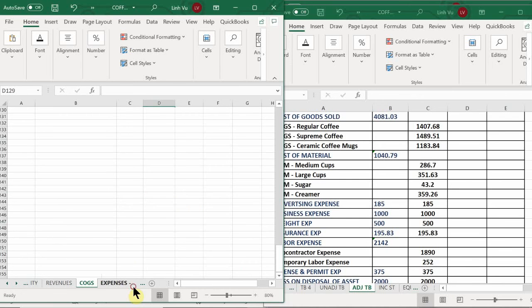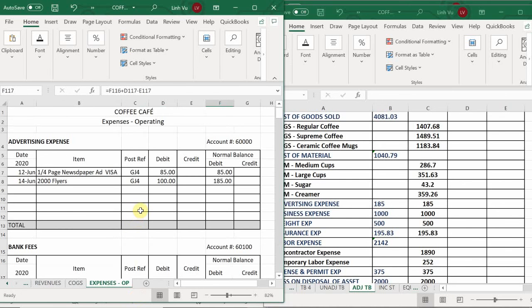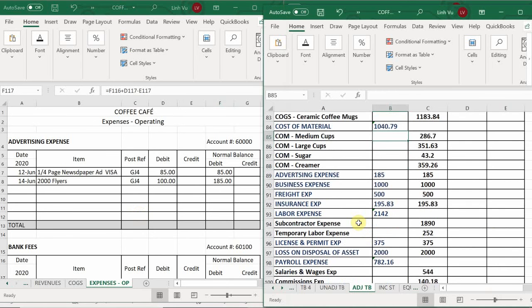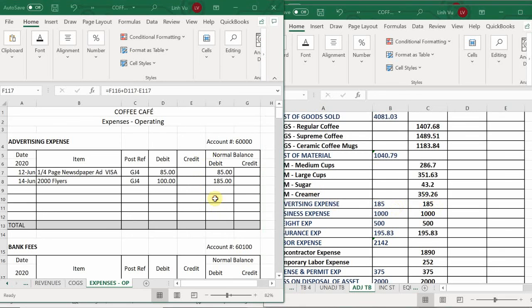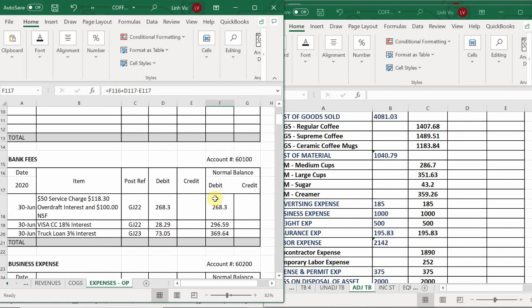So last but not least, we finally have our expenses. So let's go down one at a time, okay? Let's start with advertising expense. It's the same, still 185. What about bank fees?